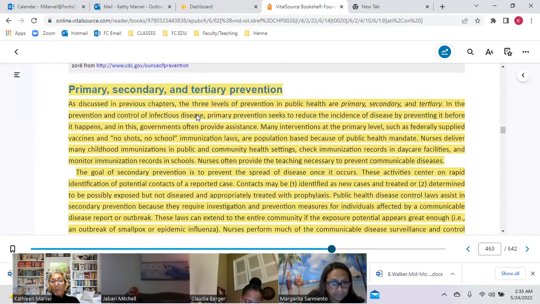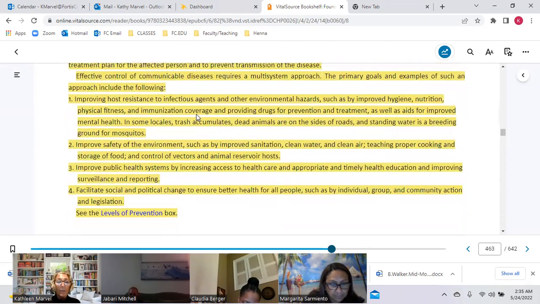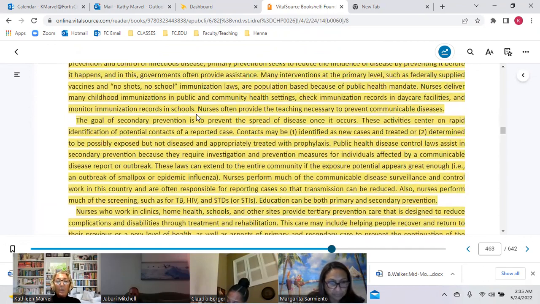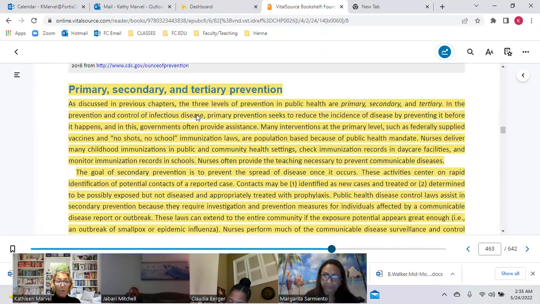Okay, on page 463, this starts, I have highlighted this whole section because I'd like for you to read it, all the way down to the box of levels of prevention. I know we should know this already, but this is an excellent summary of primary, secondary, and tertiary. Okay, it starts with, as we discussed in previous chapters, and then it goes through the basics of primary, secondary, and tertiary again.